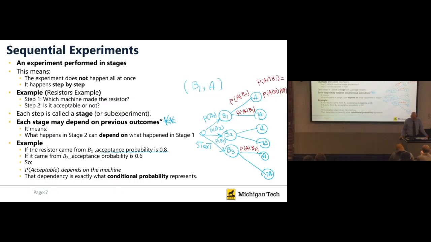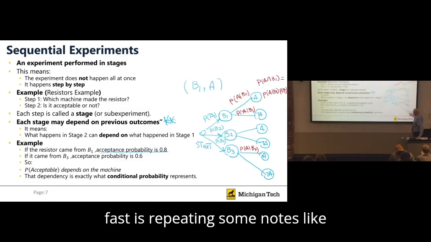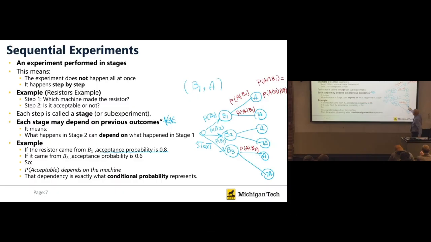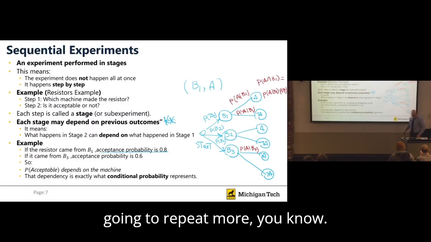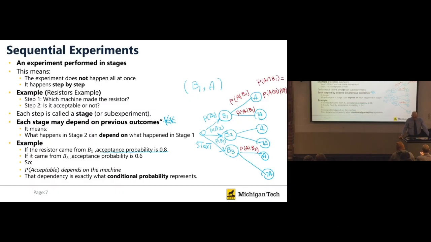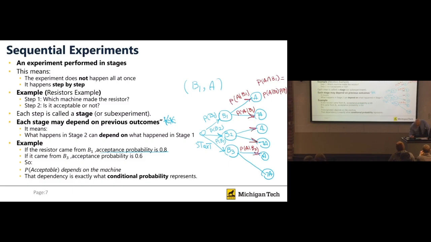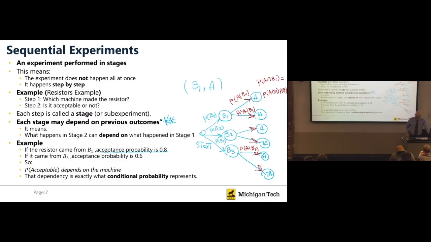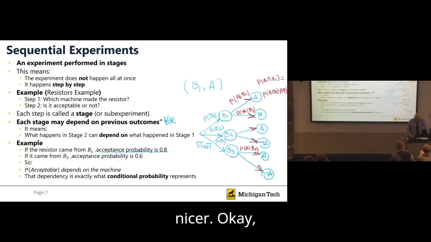The reason is that some nodes repeat, like this one repeating many times, and when we go to another stage, it's going to repeat more. The reason is that this is a tree, a simple data structure coming from root to leaves. Later on, we can see how to make it nicer.